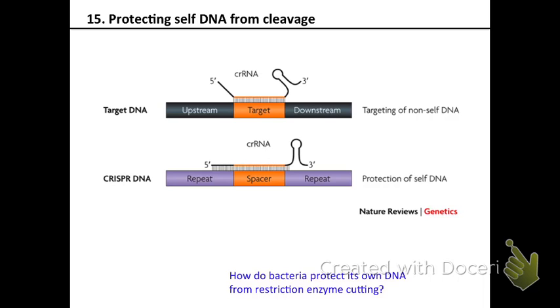DNA methylation, right? So what bacteria do is methylate their own DNA so that the restriction enzymes, even though the same target sequence is in the bacterial genome, because of the methylation, either can't bind or can't cut. Okay? So that's how it protects itself. And in humans, we also methylate, but for other reasons.